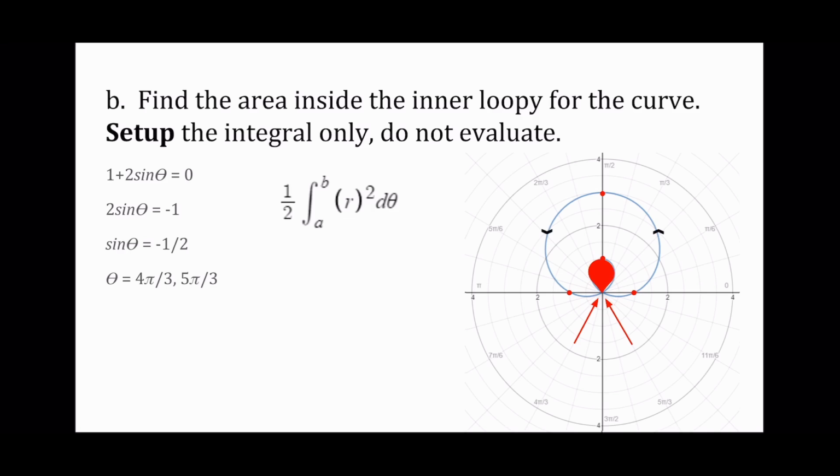So if we are integrating from a to b, a will be 4 pi thirds and b will be 5 pi thirds, as indicated by the red arrows pointing at the curve. So our integral for the area will be 1/2 integral from 4 pi thirds to 5 pi thirds of our r, 1 plus 2 sine theta, squared d theta.